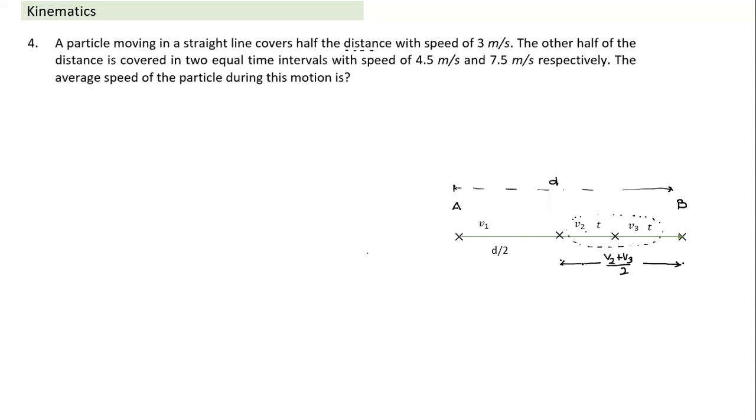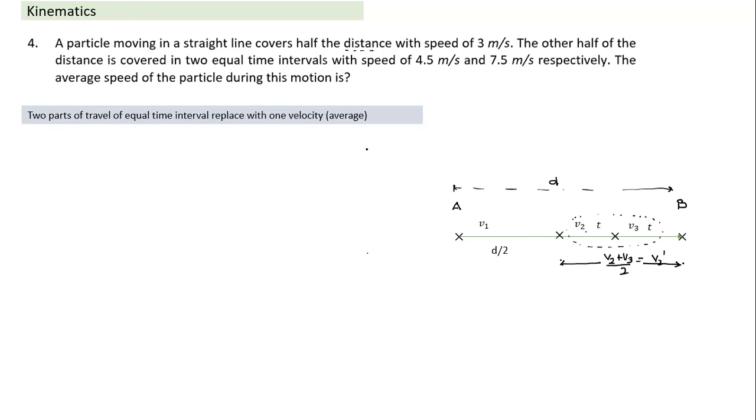So now it becomes two things here: velocity V1, and this velocity, let's call it V2 dash, and the distances are equal. The harmonic mean of these becomes the average velocity. For two parts of travel with equal time intervals, the average velocity is the arithmetic mean.